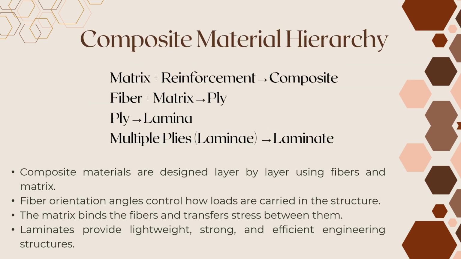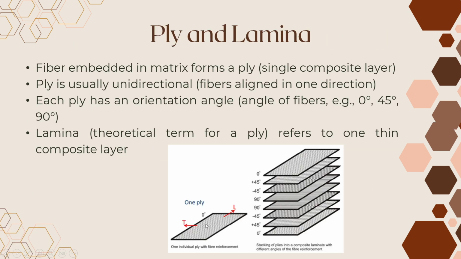Fine. And then when we keep multiple plies like this, it is called a laminate. So we can give n number of plies with n number of angles, that is up to us. We can choose the angle, we can choose the number of plies.